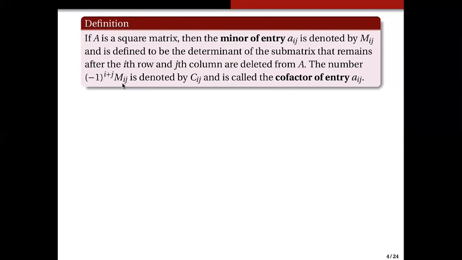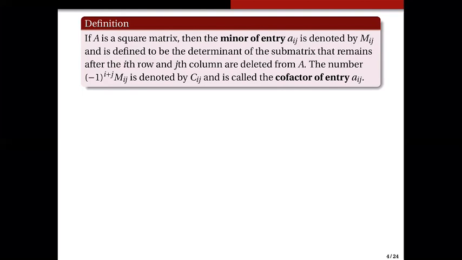And we denote this number by capital Cij. So notice the subscript ij, it's the ith row and the jth column. It is related to the exponent of -1 here, and of course the subscript of capital C is the same as the subscript of capital M, the minor entry.